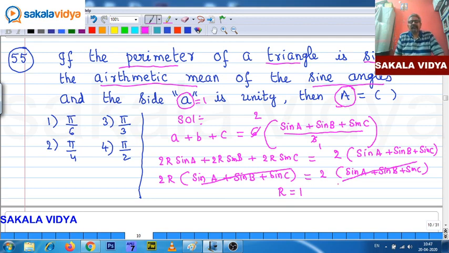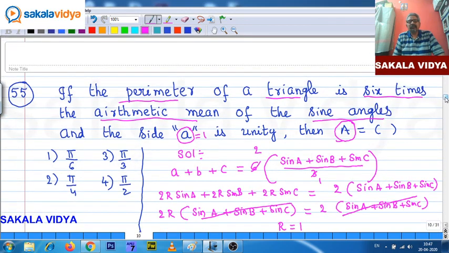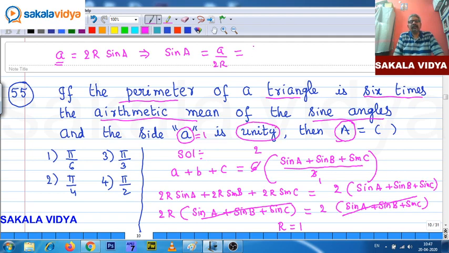Side a is given. Now recall, here only we can do it. Small a is equal to 2r sin A. This is a formula. Here a is given as 1, unity. So sin A is equal to a by 2r. a is 1, and r is obtained as 1.